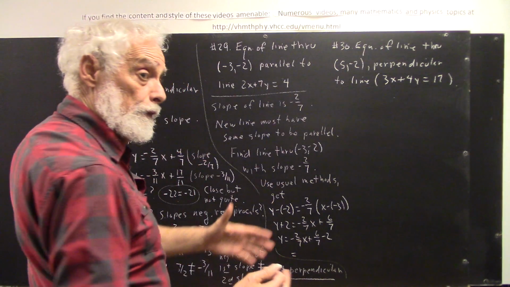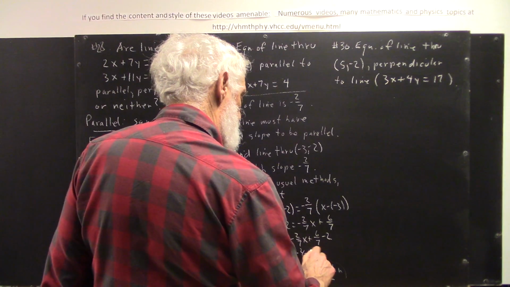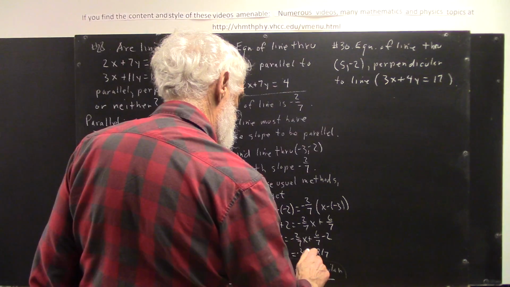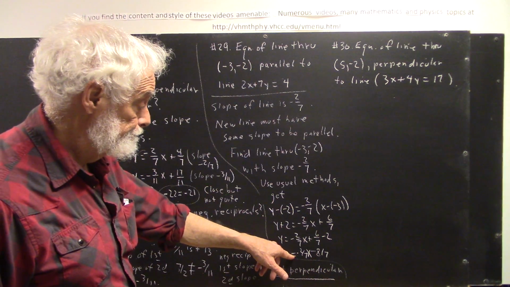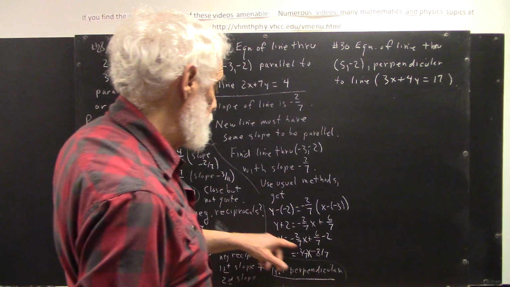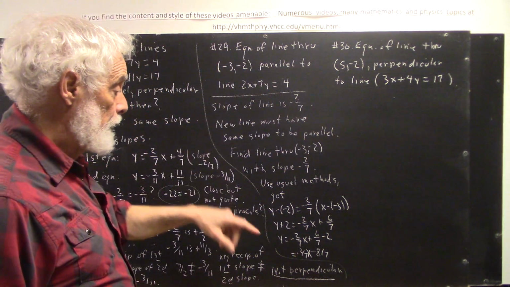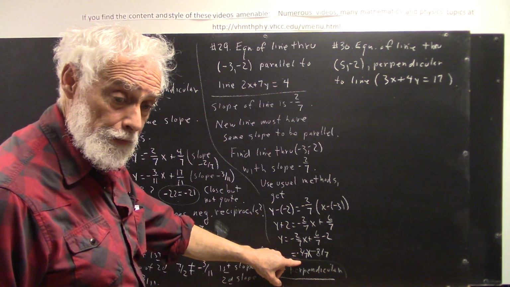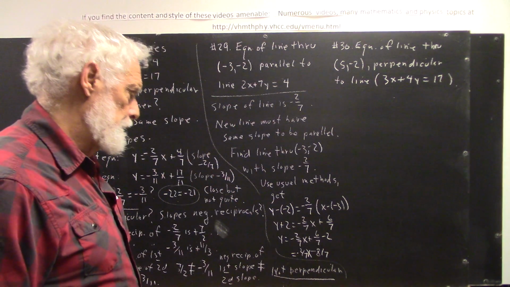Now minus 2 is -14/7, so we have -2/7 x minus 8/7. Okay? And if I've done my arithmetic correctly, this equation does go through the point -3, -2. And we can check that. I might have another arithmetic mistake.